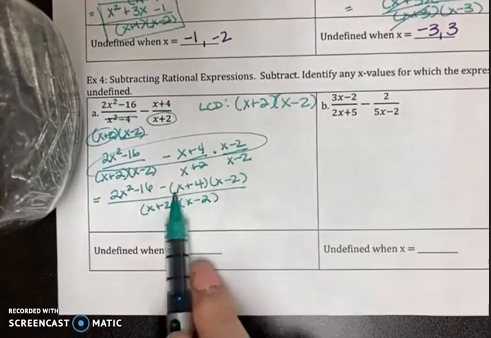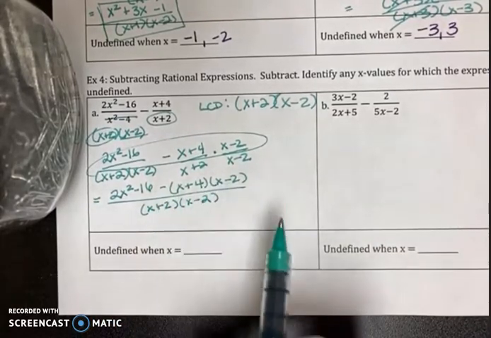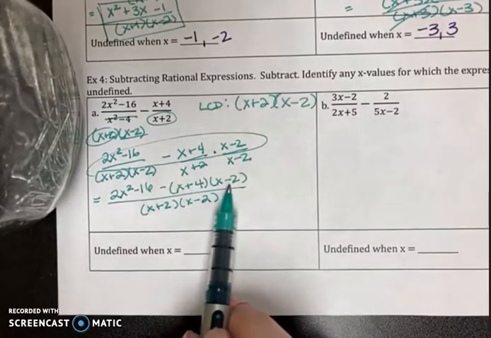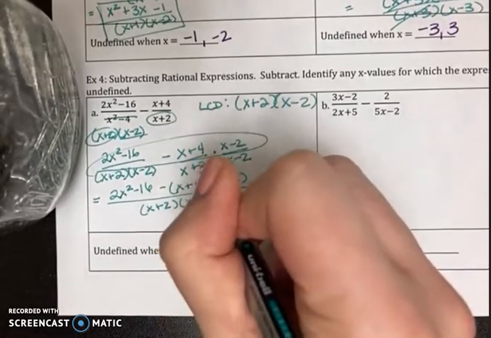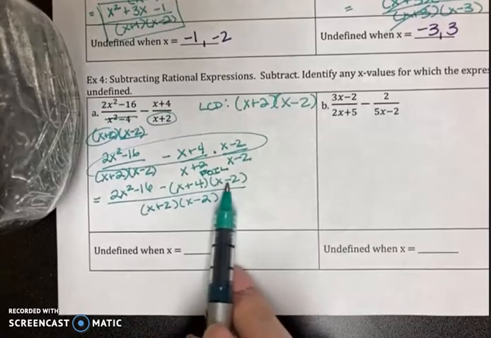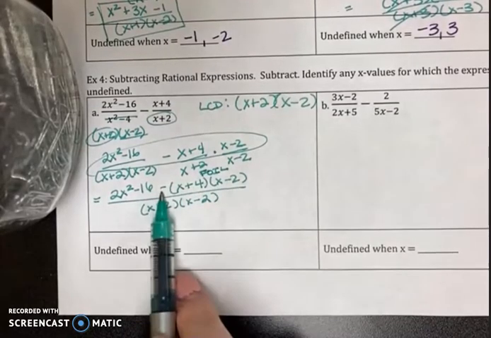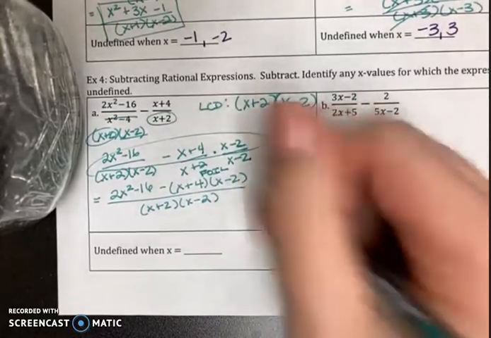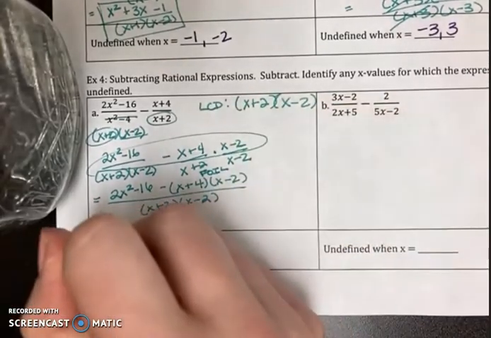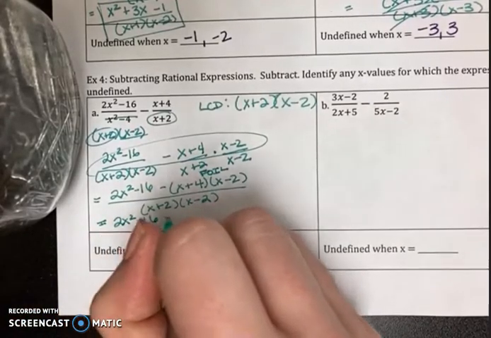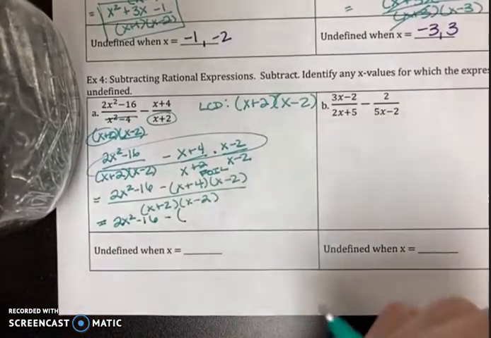This is where I see the sign mistakes, okay, when we're actually subtracting. The first thing you should do here, since I need to FOIL this out, is multiply them together and then subtract the terms. So if I FOIL this out, I have 2x squared minus 16 minus, and I'm going to put in parentheses what I get.